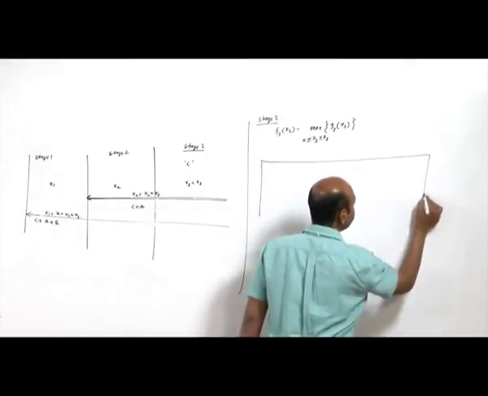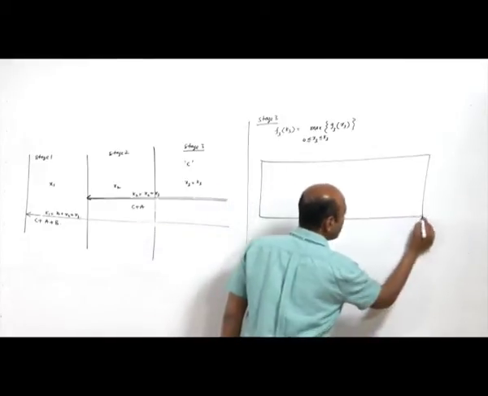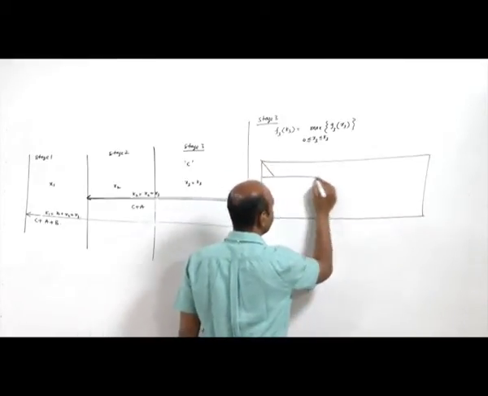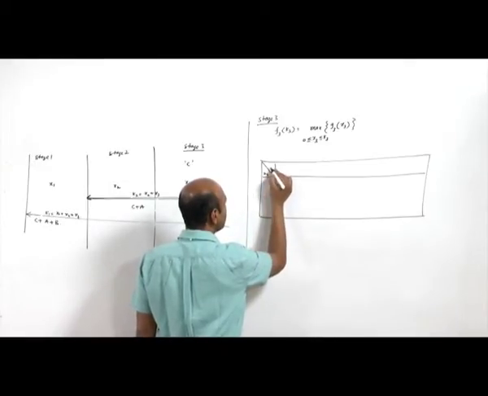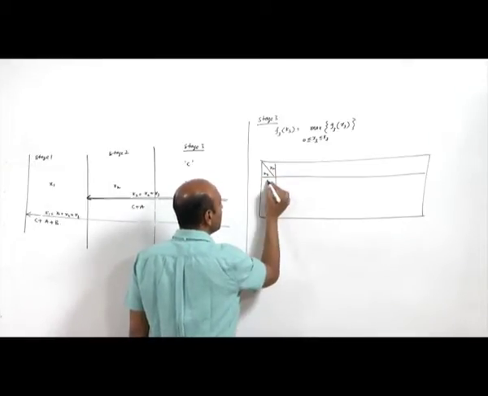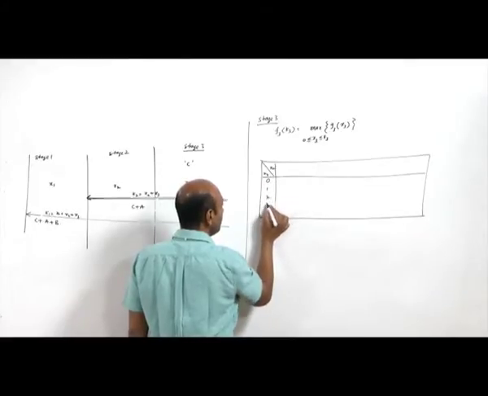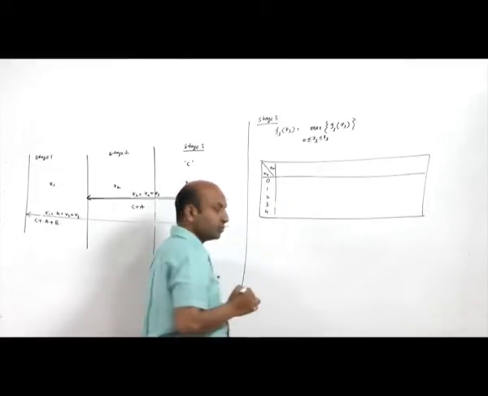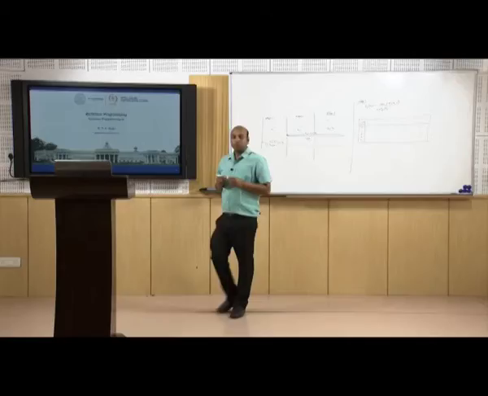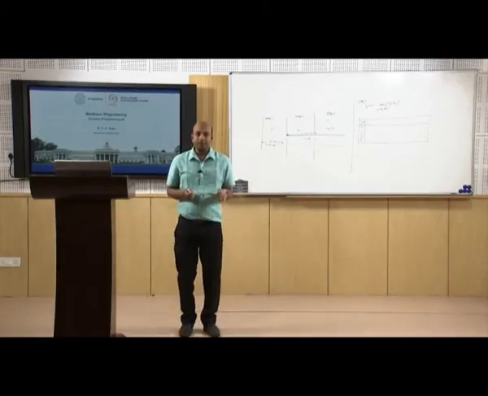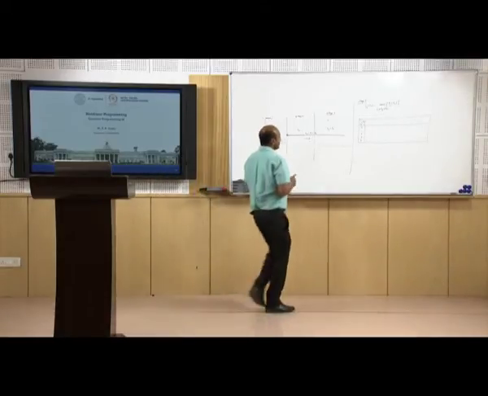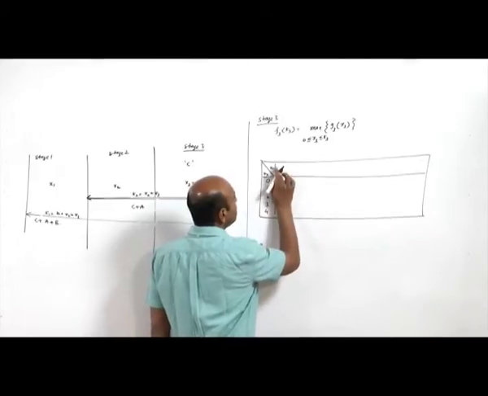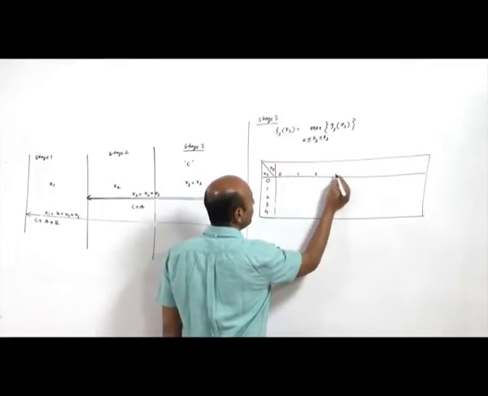Let us see here. We will first make the table, here it is K3 and X3. It may be 0, 1, 2, 3, 4. You see, the units available are 4 units. So K3 may be 0, 1, 2, 3 or 4. Similarly X3 may be 0, 1, 2, 3 or 4.